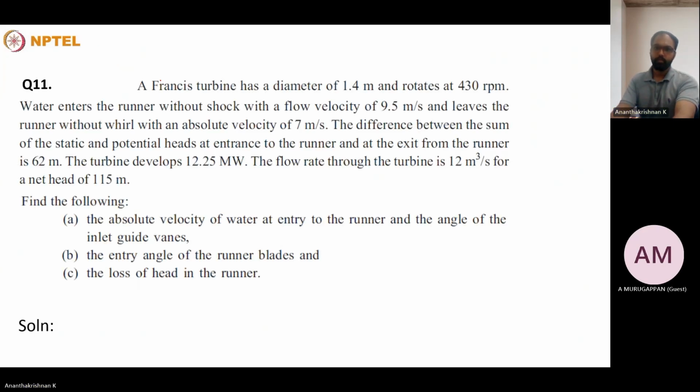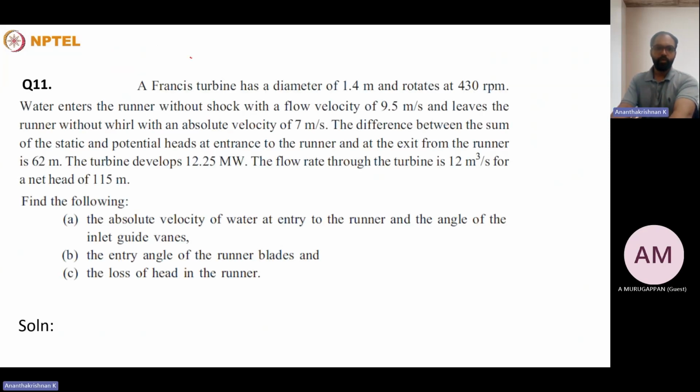In this particular problem, it's mentioned that the water enters the runner without shock and with a flow velocity of 9.5 meter per second. So the flow velocity component, that is the vertical component of the absolute velocity, will be equal to 9.5 meter per second.